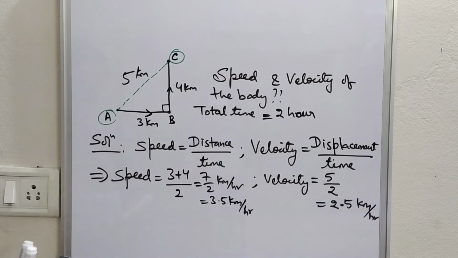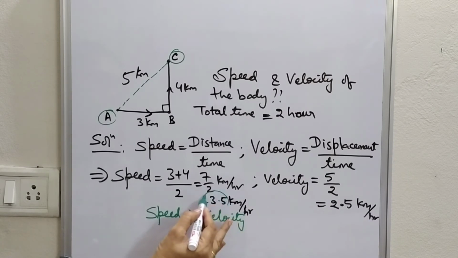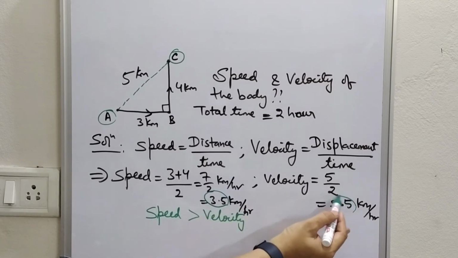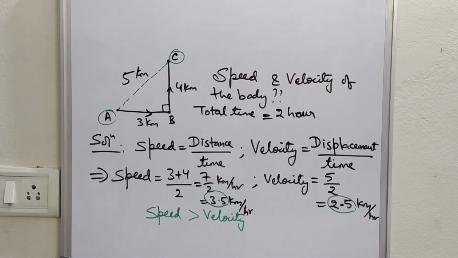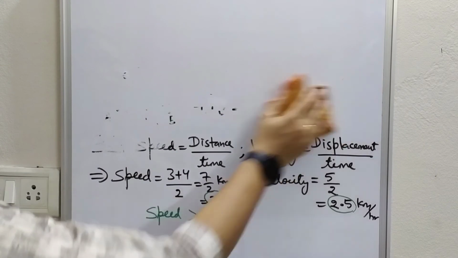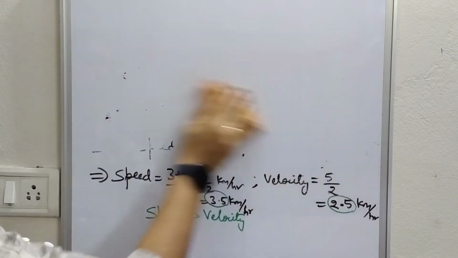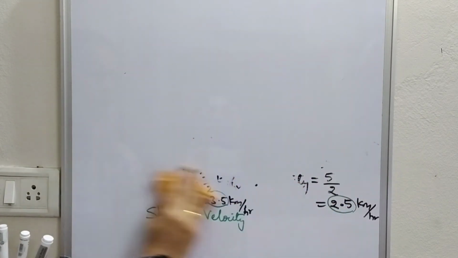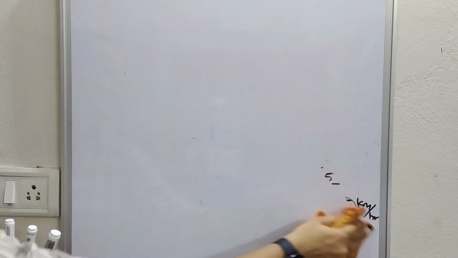So here through this example, we can note a point that the speed of a body is greater than its velocity. Speed came out to be 3.5 and velocity came out to be 2.5. Then what is the condition that a body's speed and velocity both are the same?